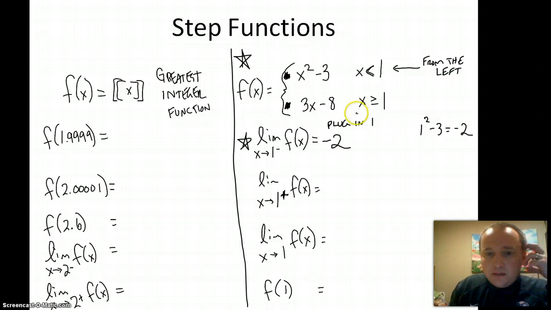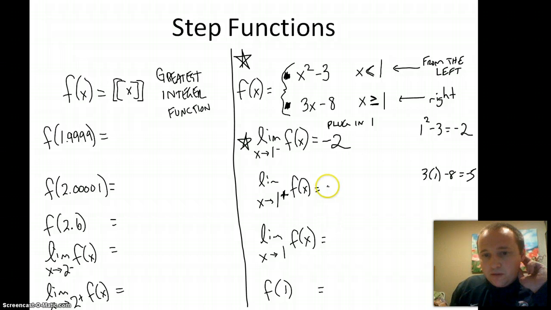Well, from the right side, this greater than or equal to 1 is from the right. Okay, and so if I plug it into that one, 3 times 1 minus 8 is negative 5. So what does it approach from the right? Negative 5. Are those the same?